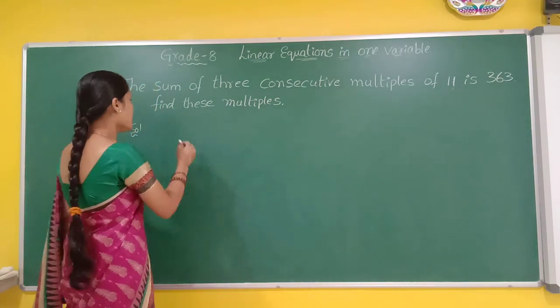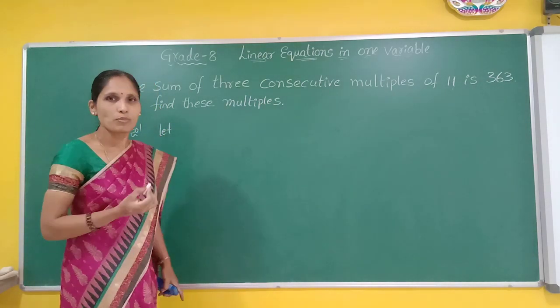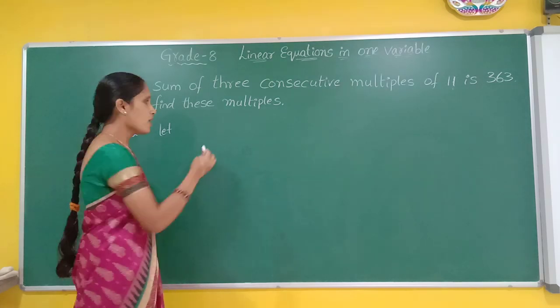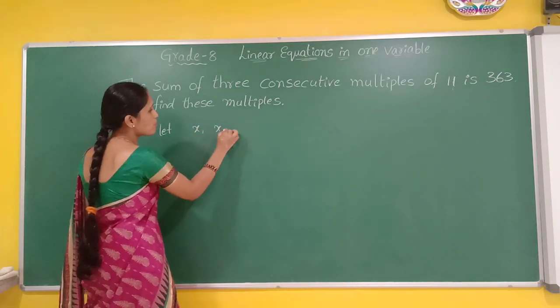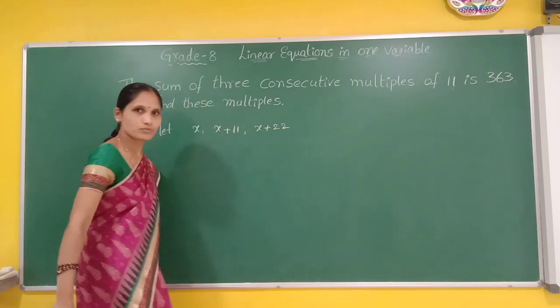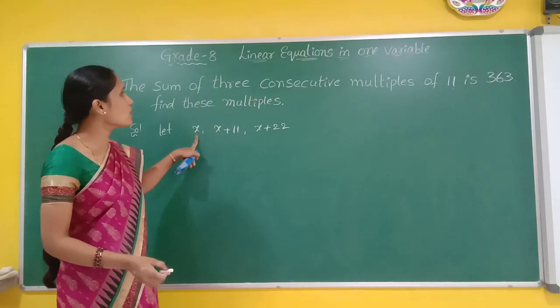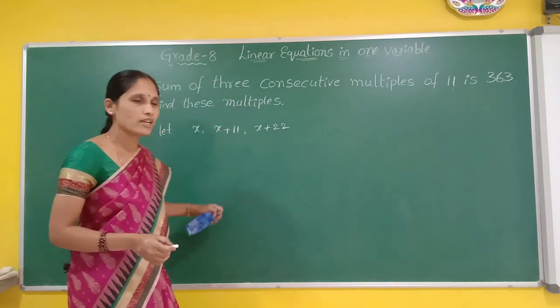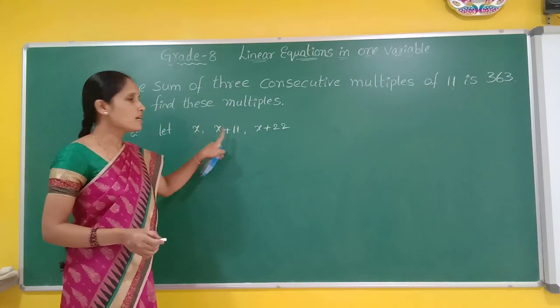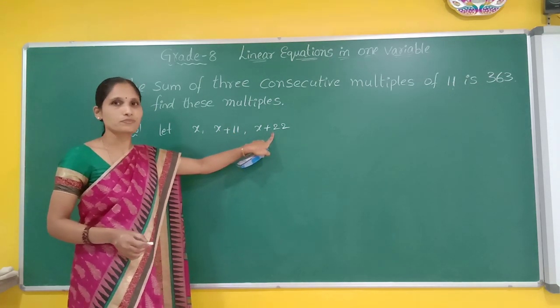Let's assume that the three consecutive multiples of 11 are x, x plus 11, and x plus 22.